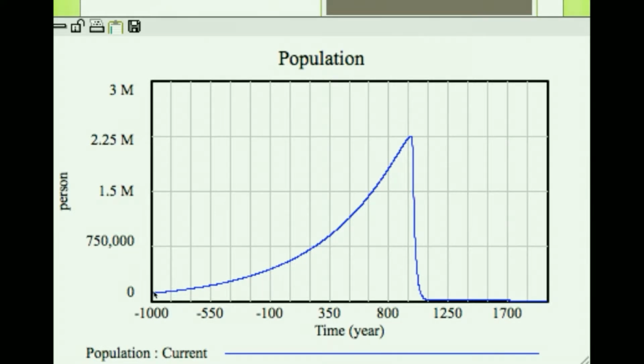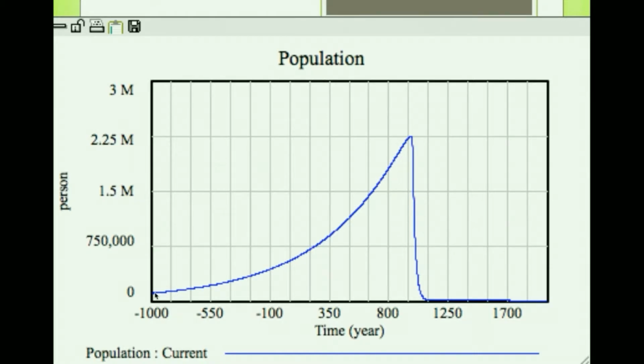Also you can see that these are years. Negative means before Christ, and positive means after Christ's death. So these are years BC negative and years AD positive, and you can see that the collapse occurred at about 1,000.